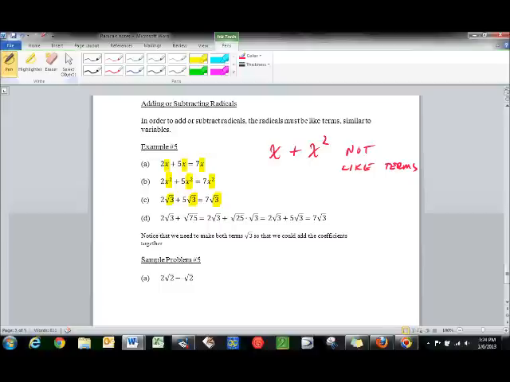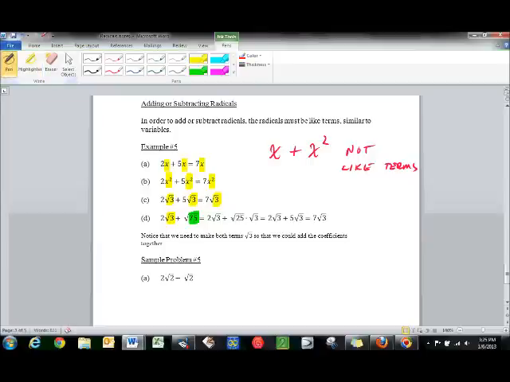Now if you look, however, at part D, it's kind of like having a different term. It's kind of like having x and x squared. You cannot put those two together.